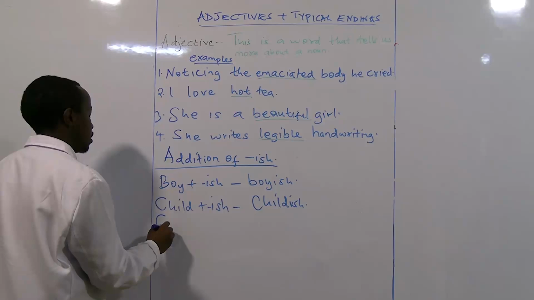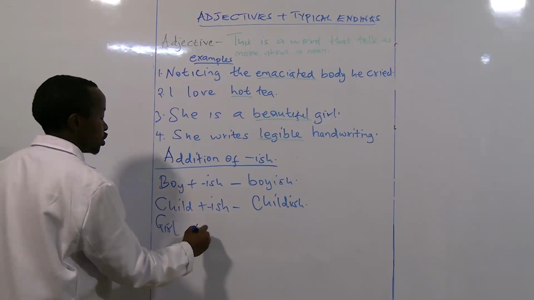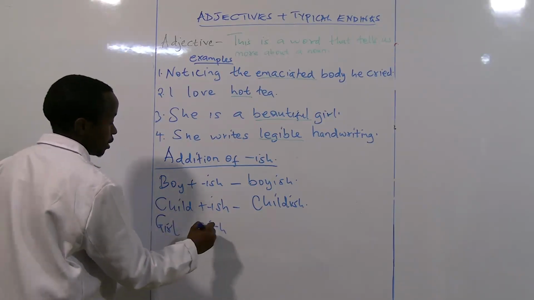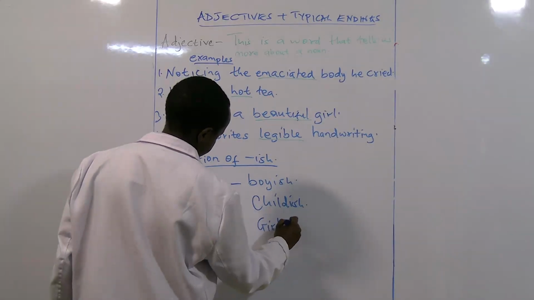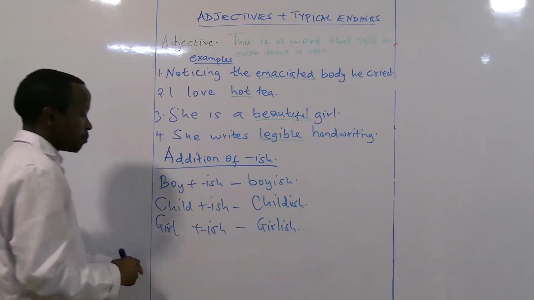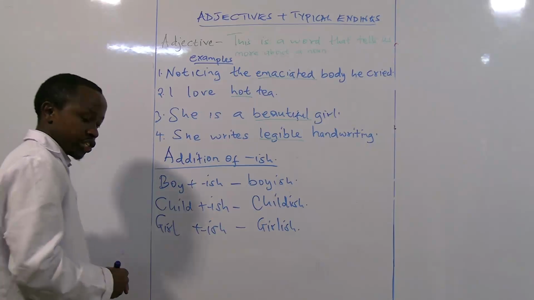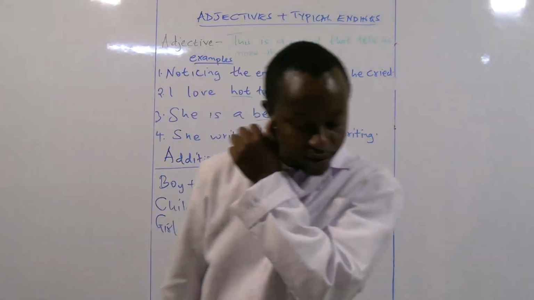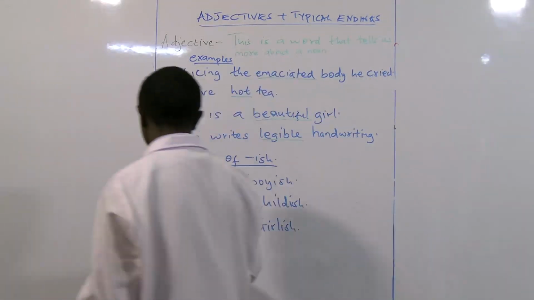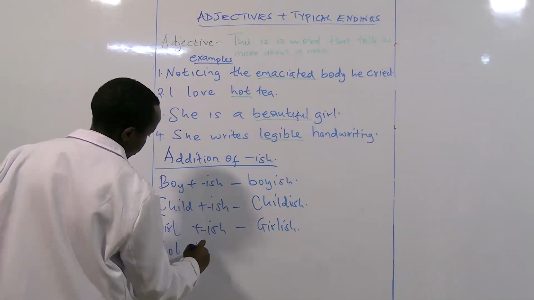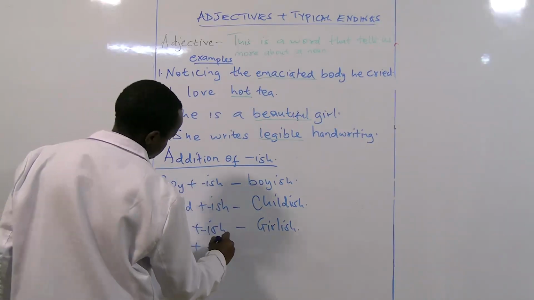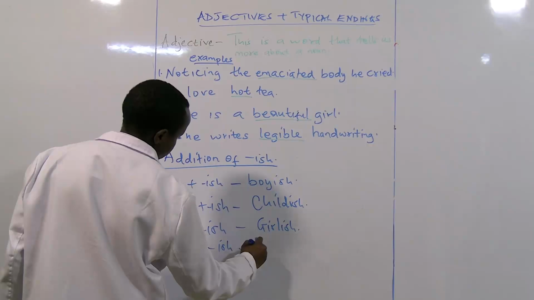Girl plus ish becomes girlish. And then we have fool plus the suffix ish becomes foolish.